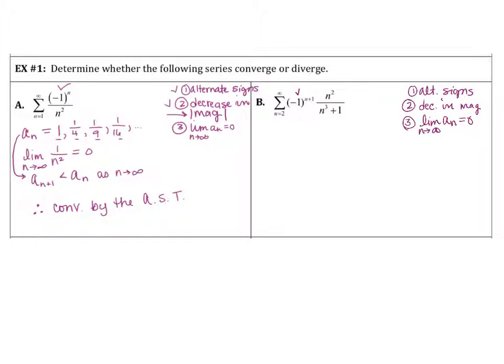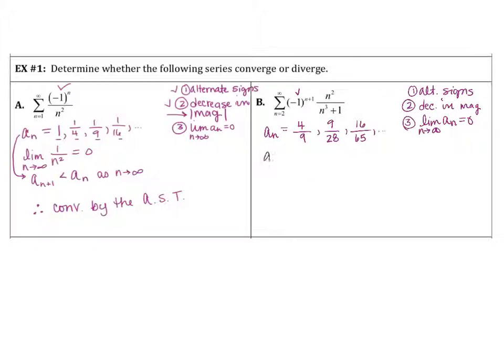Now let's list out our terms and see if they are decreasing in magnitude. For a sub n, if I list out each one of those terms, I'm going to start at 2. So we're going to have 2 squared over 2 cubed plus 1. Then if we go up to 3, 3 squared is 9 over 3 cubed, 27 plus 1, 28. We can even go out to 4 just to make sure. 16 over 4 cubed, 64 plus 1, 65, and so forth.